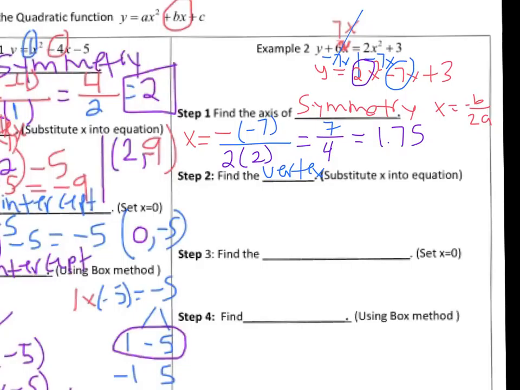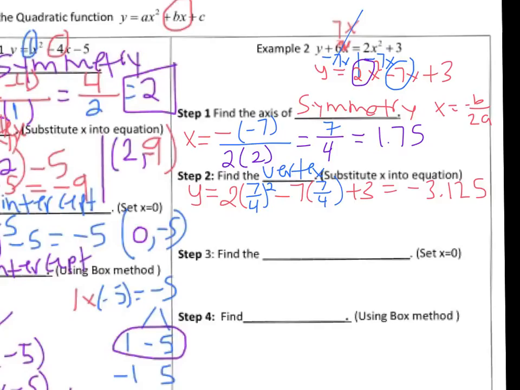Everywhere you see an x, you're going to put down 7 over 4. So y is equal to 2 times 7 over 4 squared, minus 7 times 7 over 4, plus 3. When you put that in your calculator, you'll get negative 3.125.